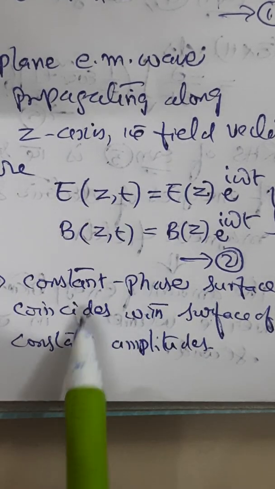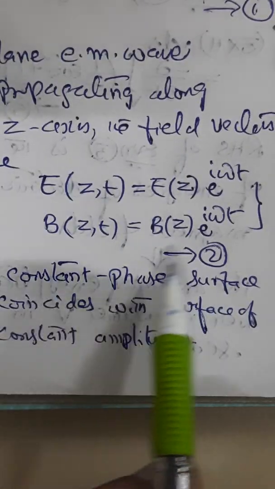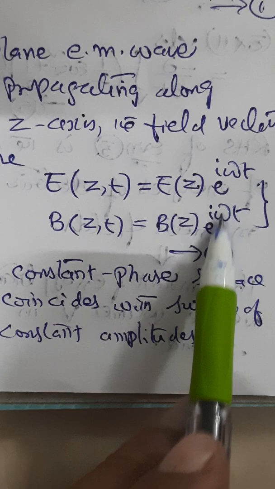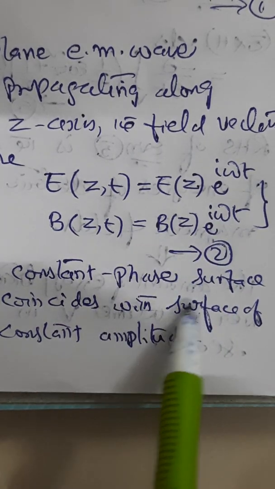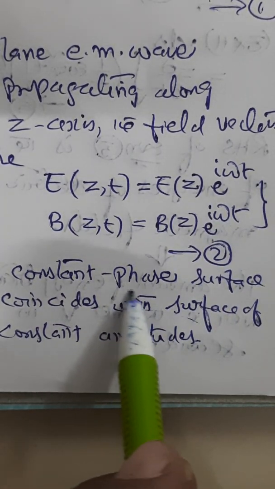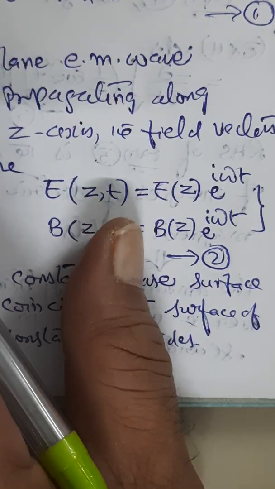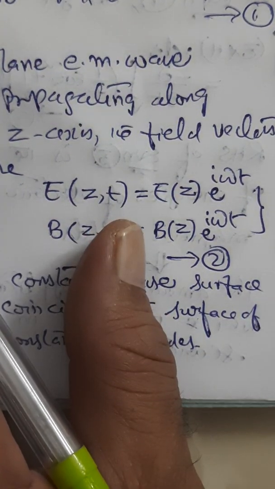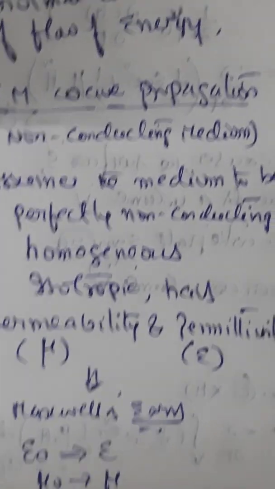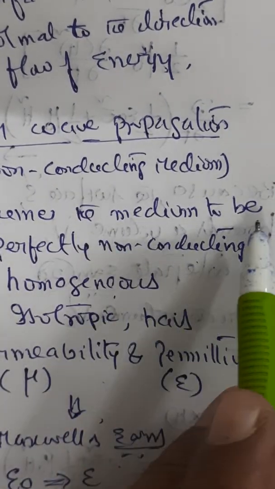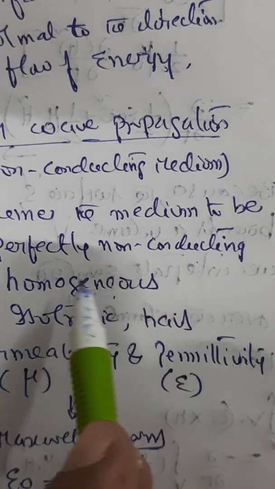For these fields, the constant phase surface always coincides with the surface of constant amplitude, so they are called homogeneous. In the assumptions we have already taken, the medium is perfectly non-conducting and homogeneous.